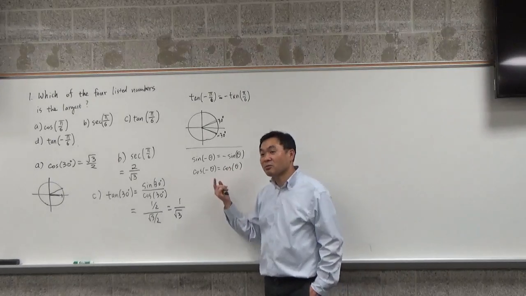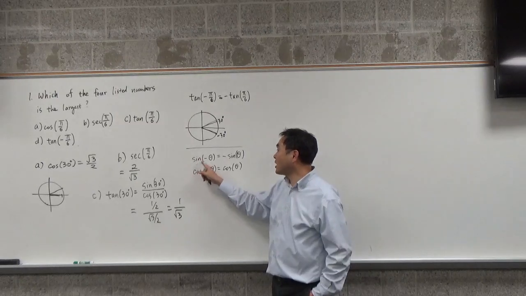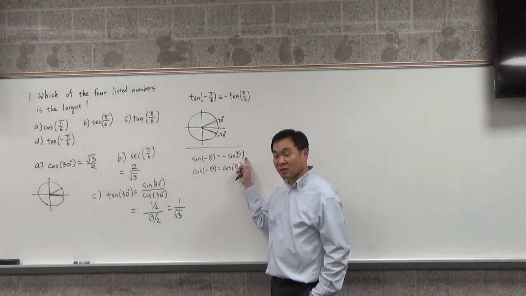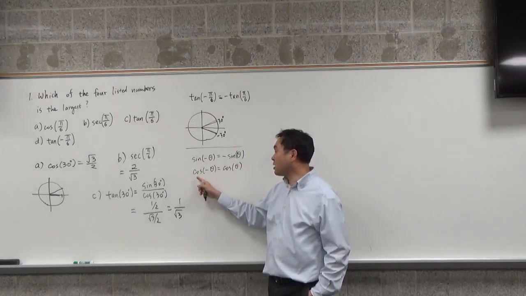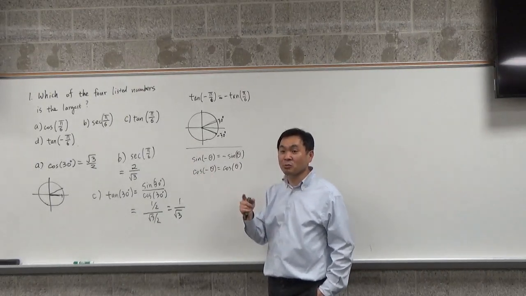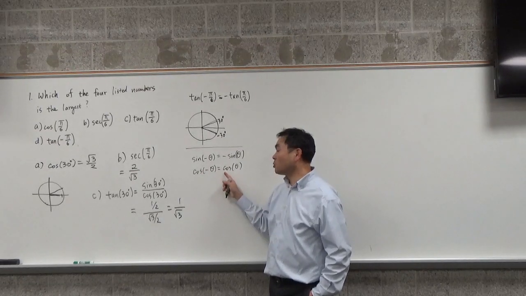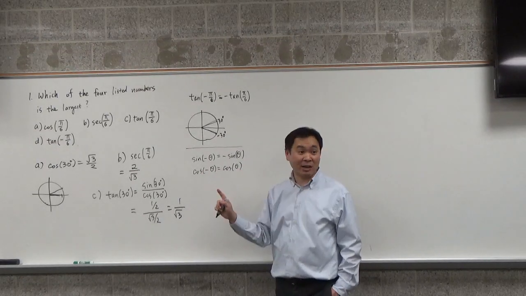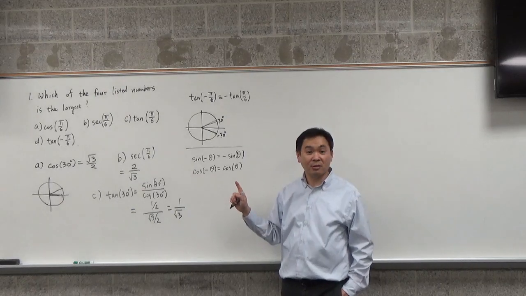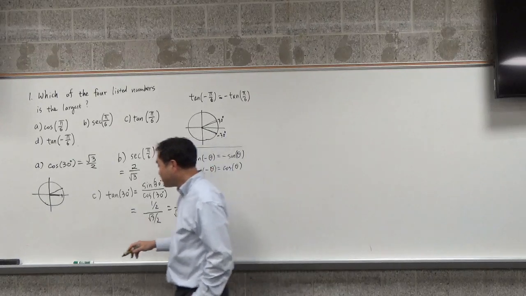You can check this with a calculator: put it in radian mode and compare cosine of negative 2 with cosine of 2, and you get the same exact value. So that's a handy thing.